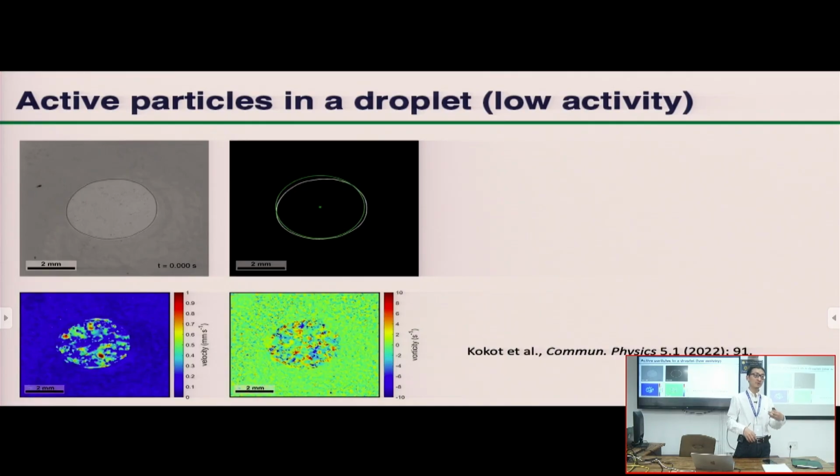The other possibility is the droplet may move around. What else can happen? Okay, that's good. We already got some good answers.